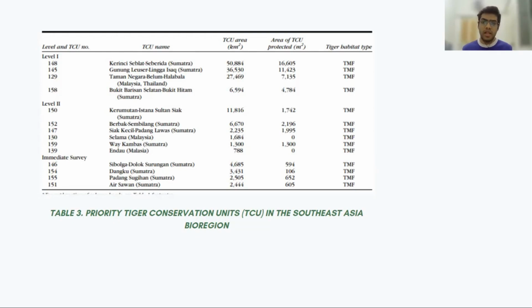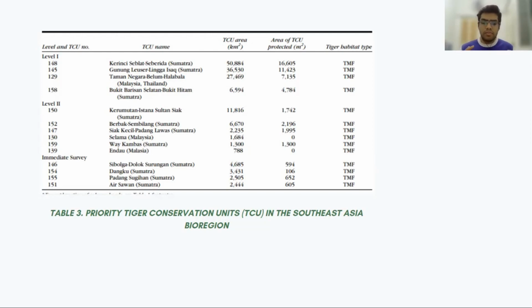So these two places do not contain any protection of tiger conservation units. Therefore, the mean area protected is around plus minus 3,510 to 4,798 square kilometers. This sums up all the results that were found in the case study.